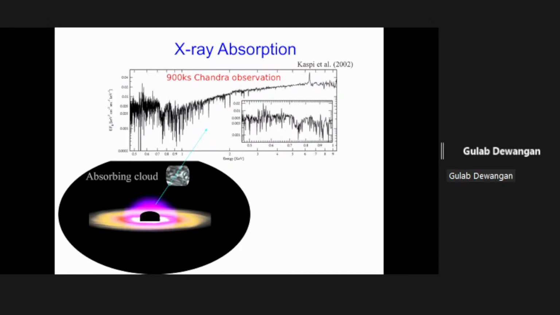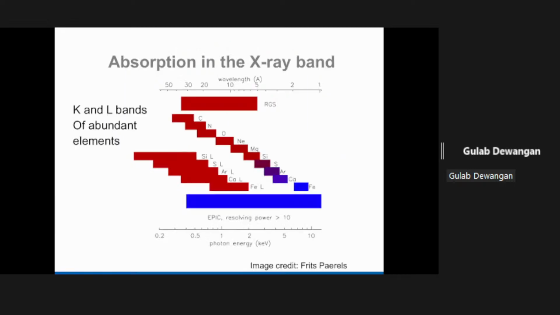So what is the reason for this huge number of absorption lines in AGN? One can understand from here. This X-ray band from 0.2 to 10 keV essentially covers the K-shell bands of carbon to iron. When we say K-shell band, take the example of the iron atom.